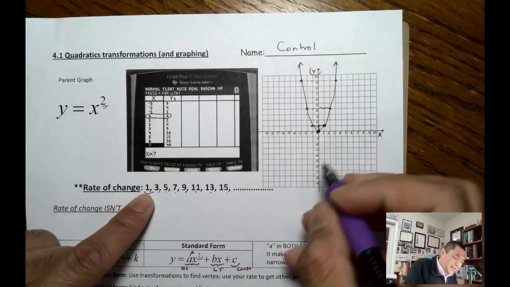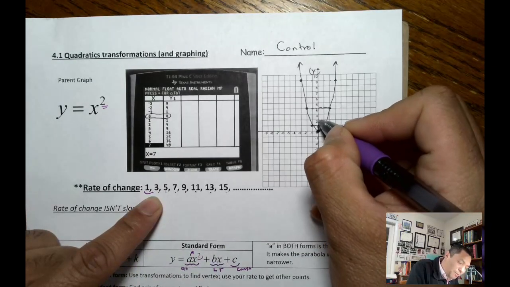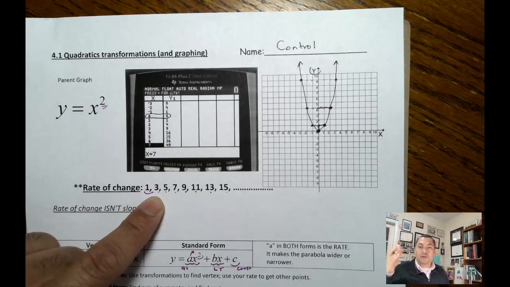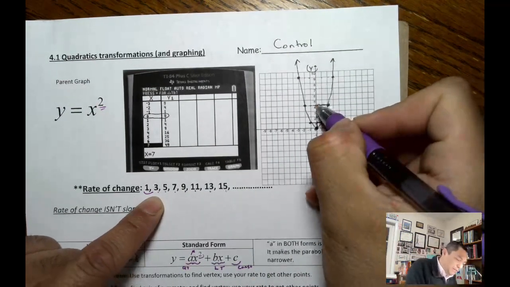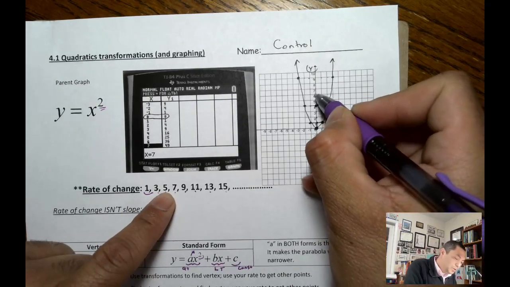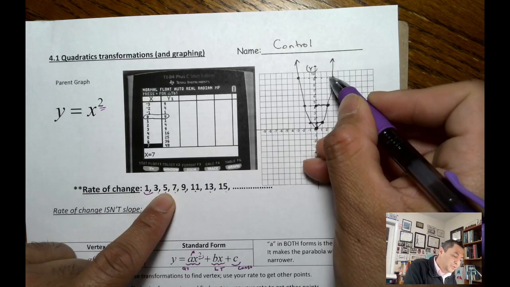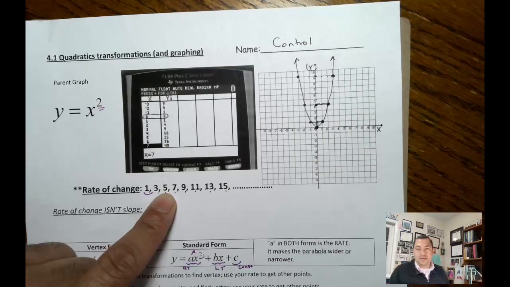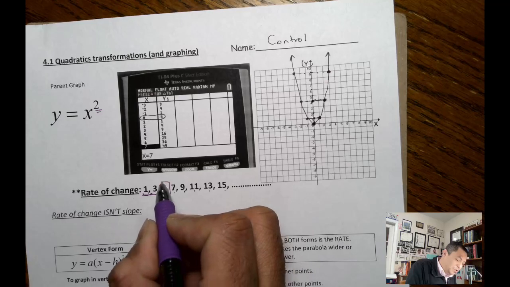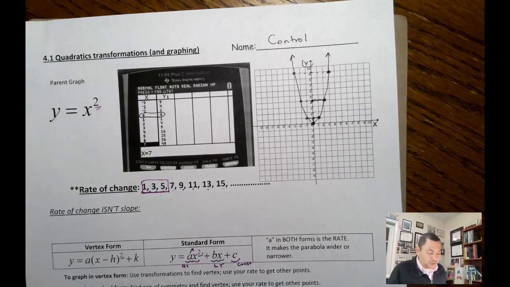Then you go 3 units up, and you add 1 unit to the right. And from this point, we're going to do 5, and then we add 1 more to the right. See? The same points. So if you don't have a table, we're going to use this rate of change. Usually we're going to use the first 3 numbers because that's where my grid is going to have space.